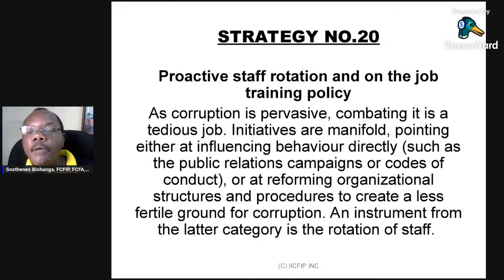In more detail, a preventive effect of rotation mechanisms on corruption can be conjectured for the following reasons.